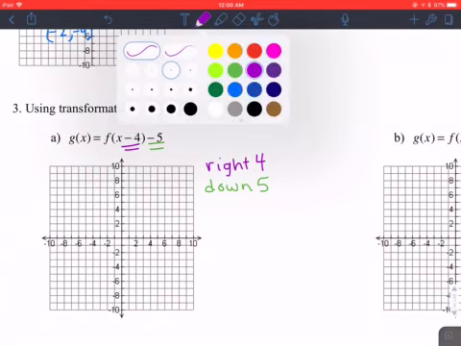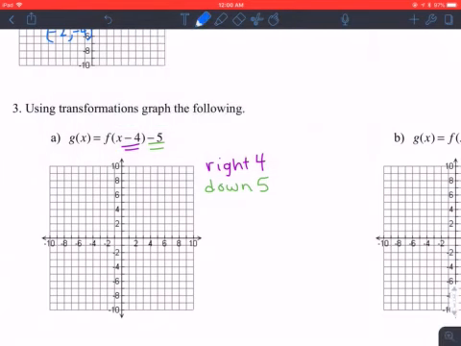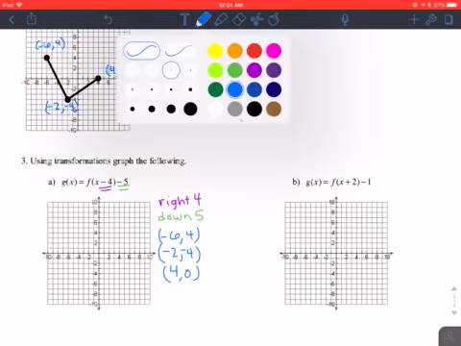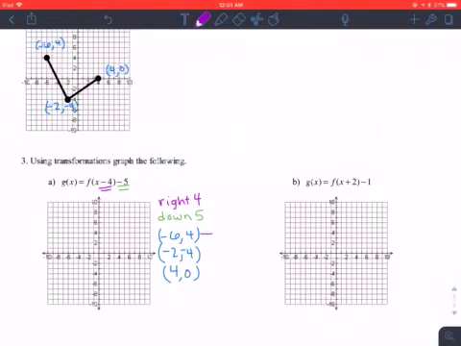So when I shift this graph, I'm going to take those points, -6, 4, -2, -4, and then 4, 0. And we're going to shift them right and down.